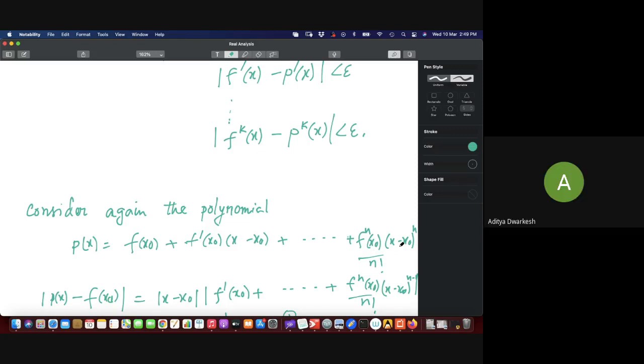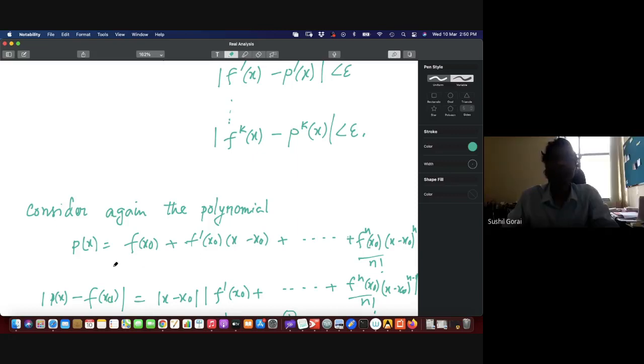I thought that if you have n derivatives of the function at that point, then that should uniquely fix the polynomial. No, a polynomial of this form is uniquely fixed.